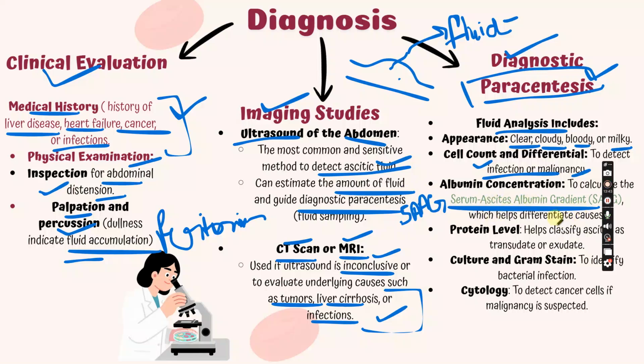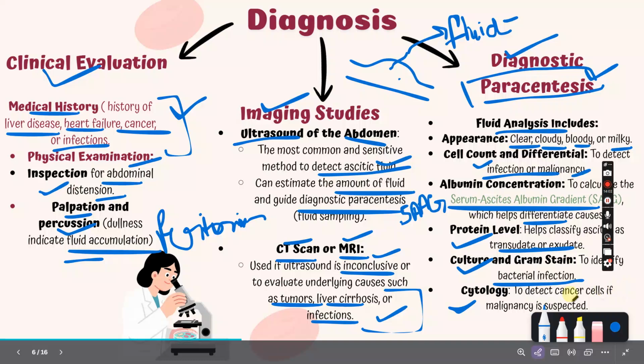This test is also done to differentiate the cause. Then we go for protein levels to check and classify any type of transudate or exudate. Then culture and Gram stain, to make sure that there is no bacterial infection causing it.